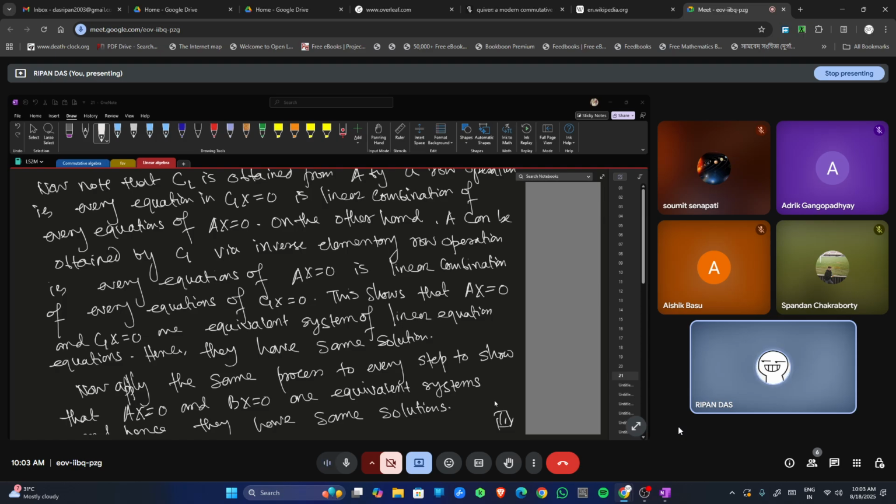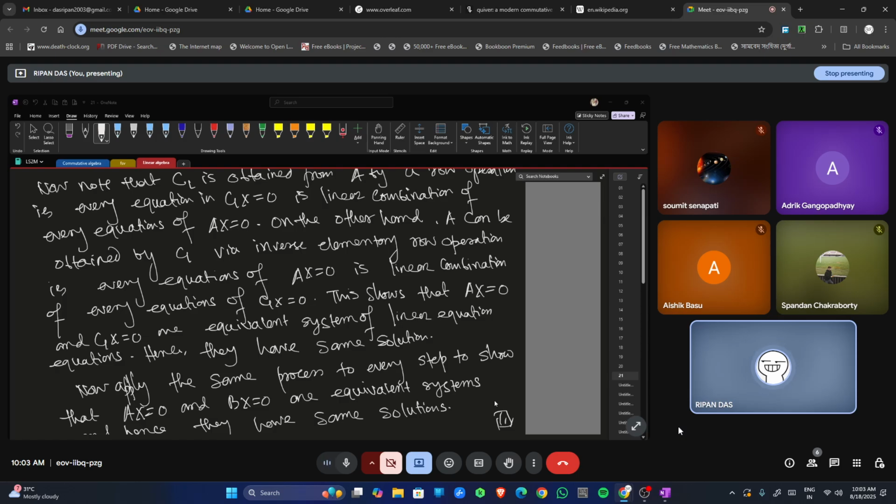How can we do that? Now notice that you have applied some row operation to A to get C1. So every row of C1 is either a row of A or some linear combination of the rows of A, and vice versa, you can apply the inverse operation on C1 to get A. So every row of A is either a row of C1 or some linear combination of rows of C1.